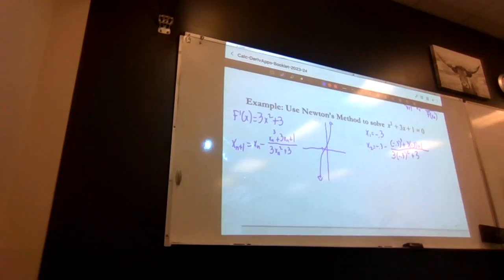As you do this, your guesses start getting closer and closer. The math behind this is a lot more complex, but the point is that we guess a 0, Newton's method gives us a new one, then we use that one, and it gives us another, until we get close enough.